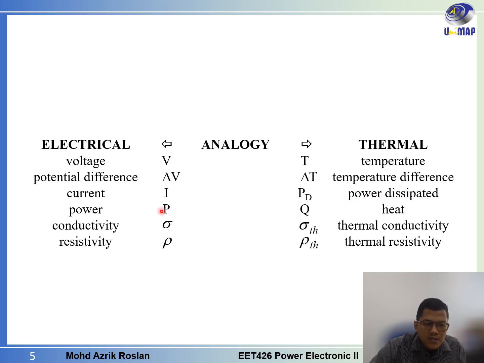The power in the electrical circuit is equal to the heat produced in the thermal circuit. And then we have the conductivity, and you also have the thermal conductivity for the thermal. For the electrical circuit you have resistivity, and for the thermal circuit you have the thermal resistivity.